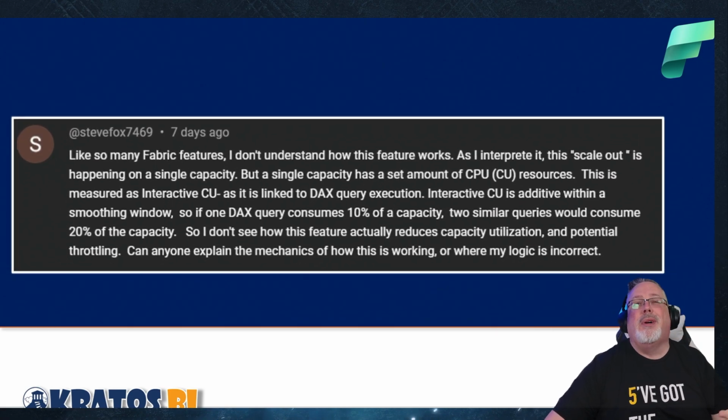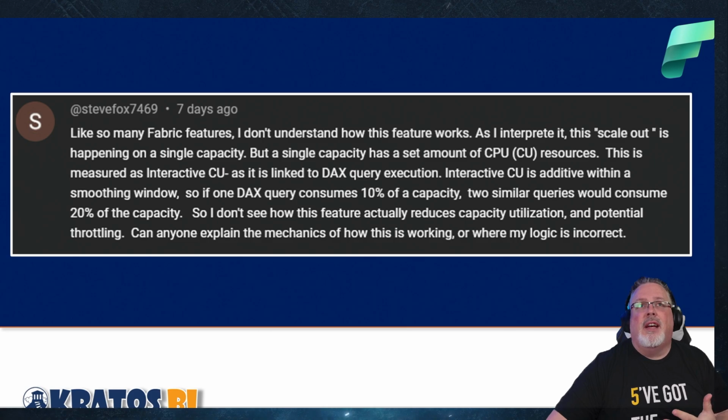But Steve Fox 7469 asks, "Hey, like so many Fabric features, I don't understand how this feature works. As I interpret it, this scale out is happening on a single capacity. But a single capacity has a set amount of CPU resources available.